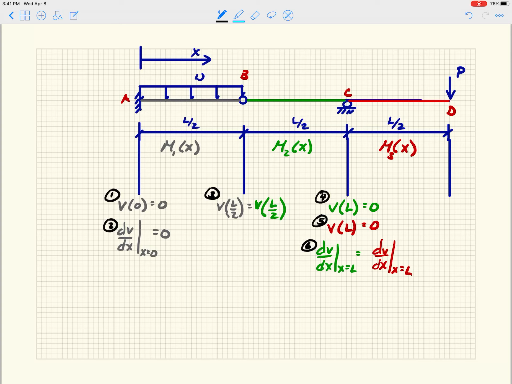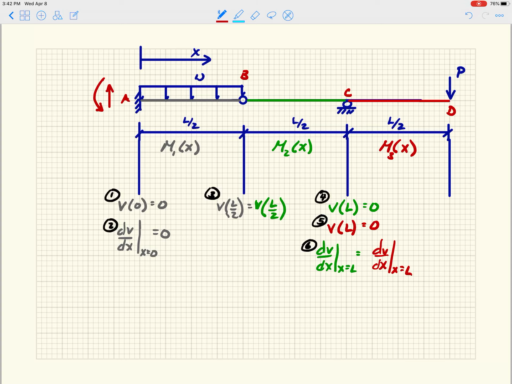So again, if I know something about the reaction, or if I have reactions, like if you look at A, right, let me just draw them here to sort of make this point, right? I have a vertical reaction there. I have a horizontal reaction. Actually, let me get rid of the horizontal one since we're not really dealing with the horizontal direction here. And I have a moment reaction there, right?